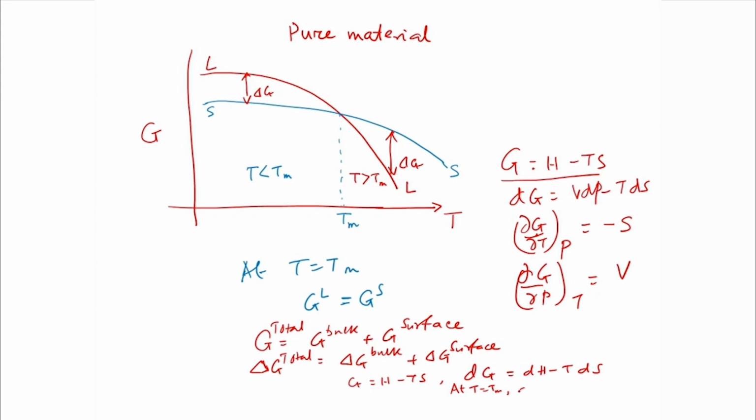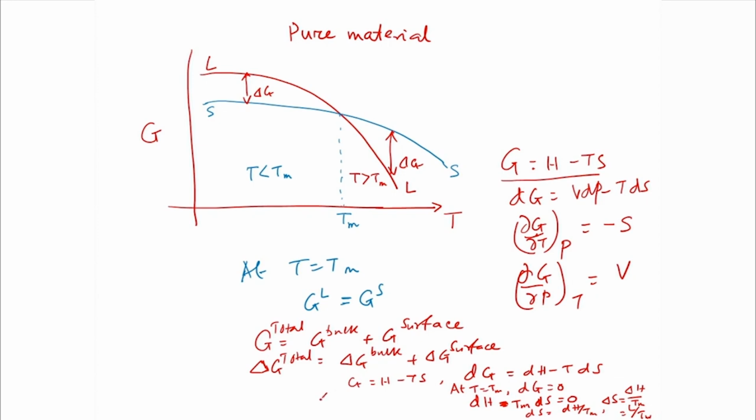So, therefore, dG is 0. So, therefore, dH minus Tm dS is 0, right? So what can I write? I can write that dS is equal to dH by Tm, or delta S is equal to delta H by Tm. And what is delta H? Delta H is nothing but latent heat for the melting. So you can get delta S as L by Tm.